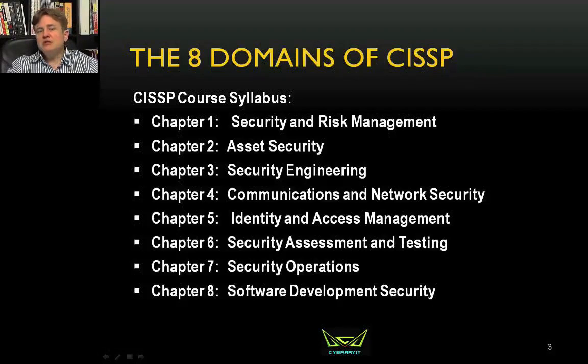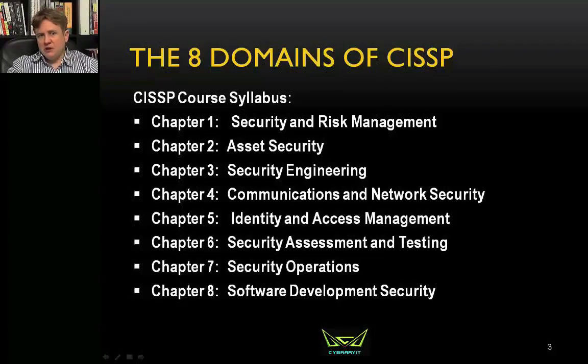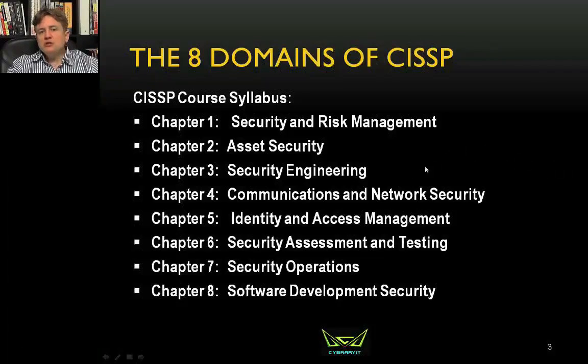Communications and network security, Chapter 4. And then Chapter 8, software development security. So big Chapter 1, portions of Chapter 3, 4, and Chapter 8. That doesn't mean that there aren't test questions, of course, on the other chapters, but those are really, really testable.